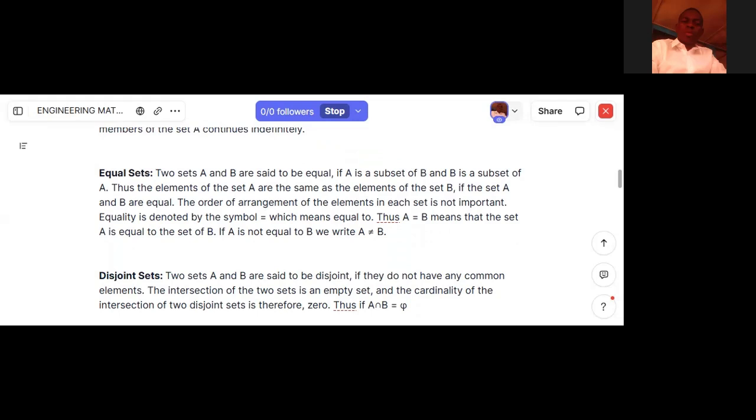The order of arrangement of this set is not important, but what is important is that they contain the same number and the same kind of elements. You can also say that sets A and B are equal if A is a subset of B and B is a subset of A. You may want to look at it that way as it is given to you in your material.